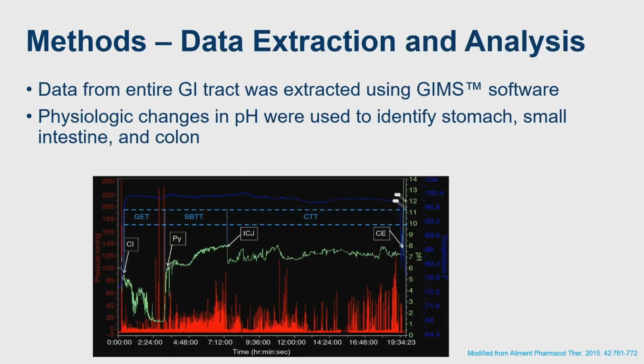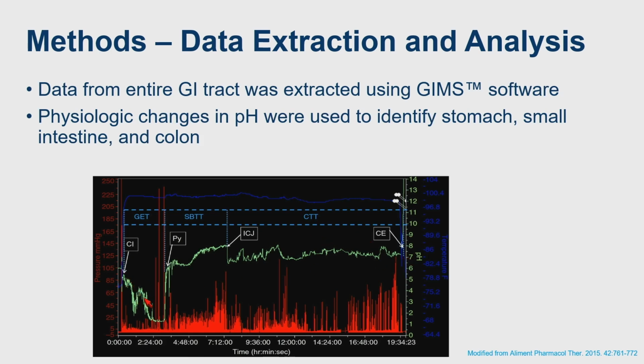Okay, just a little bit about what this data looks like for those that may not be familiar with it. As I said, we extracted data from the entire GI tract using the GIM software, and we use natural physiologic changes that we see as landmarks. And let me see, can you see this? Oh, okay, great. So we use temperature to define when the capsule goes in, and then when it leaves.